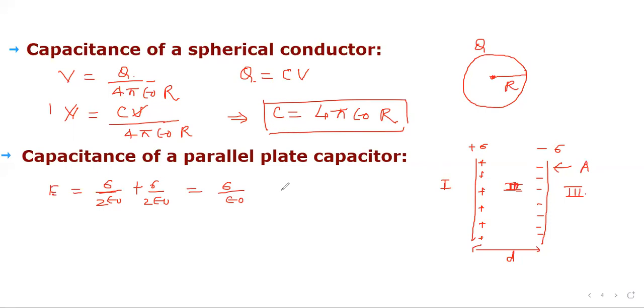And we know that electric field is related to potential as E equals V upon D, where D is the separation.